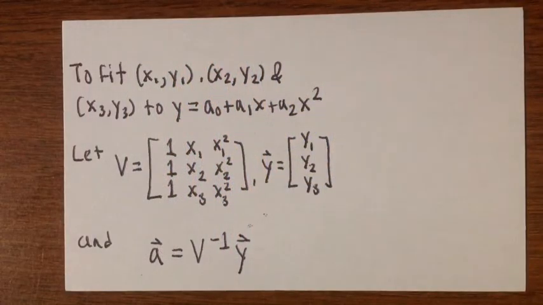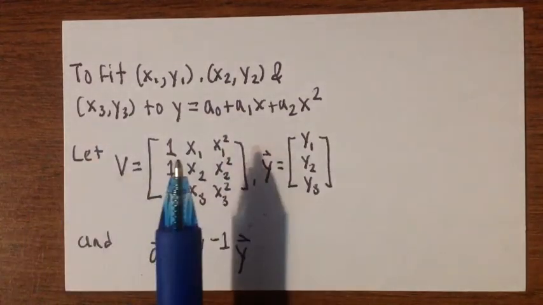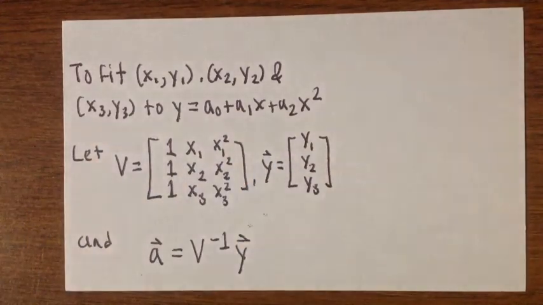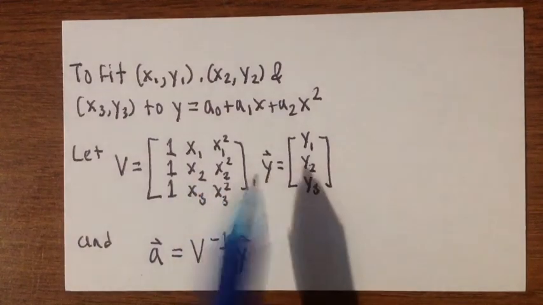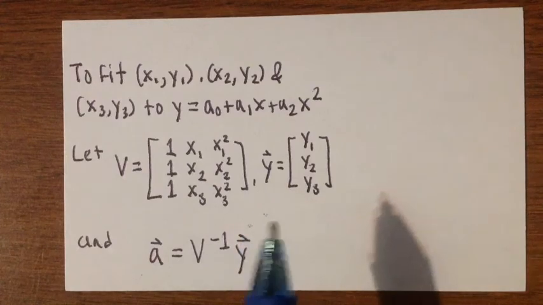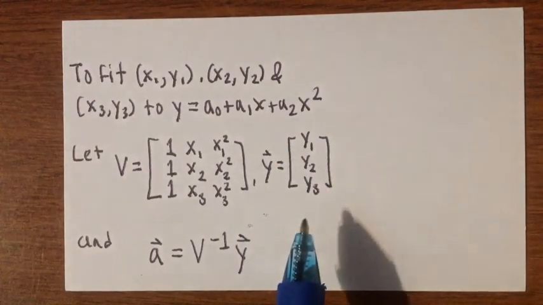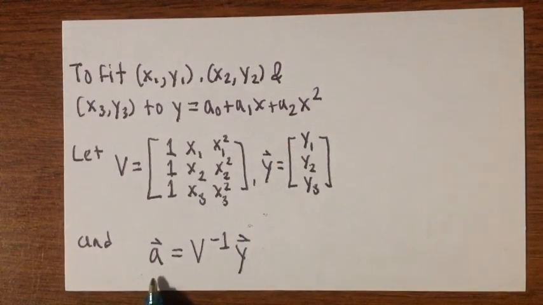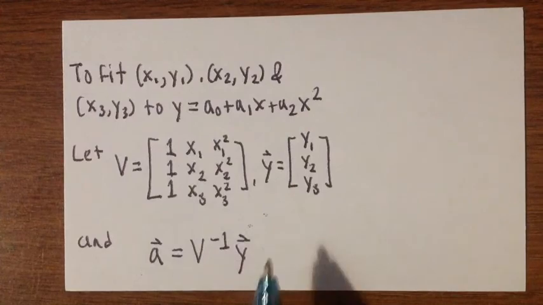In summary, to fit 3 points exactly to a quadratic equation, you're going to need to let V be the Vandermonde matrix 3 by 3, each row containing 1, x, and x squared of that point, the y vector being the vector of y coordinates, and your calculated coefficient vector is going to be V inverse times the y vector.